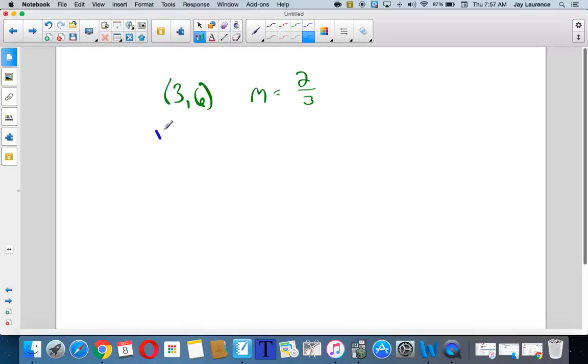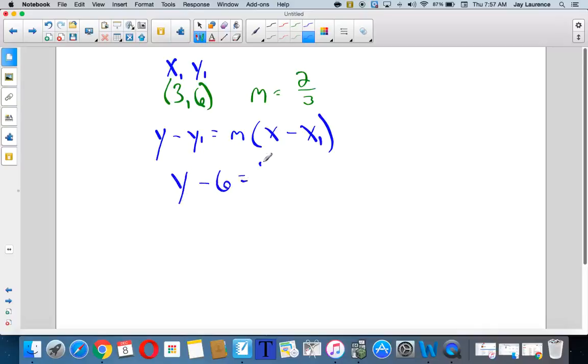You take y minus y1 equals m times the quantity x minus x1, and we know this is x1 and y1. So I'm going to fill this in: y minus 6 equals 2/3 times the quantity x minus 3.